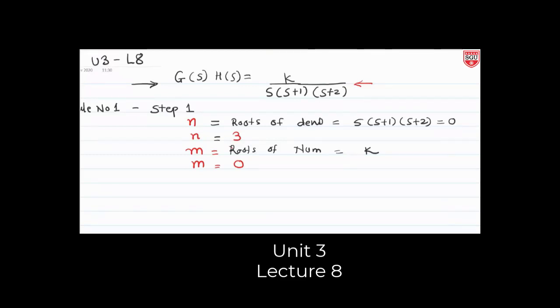The location of poles, as you told me already, is s equal to 0, s equal to -1, and s equal to -2. These are the 3 poles, and m is equal to 0.